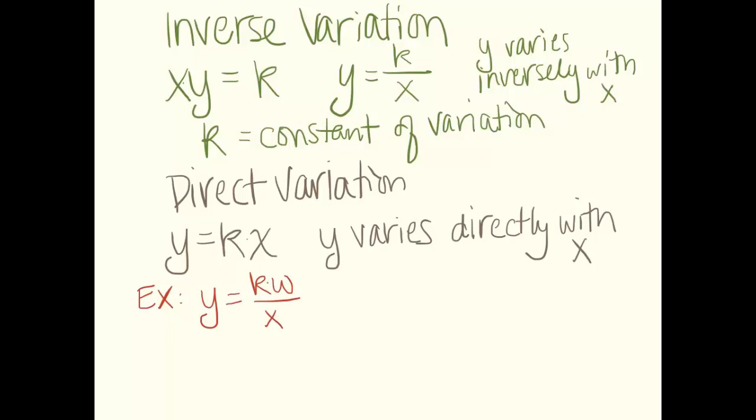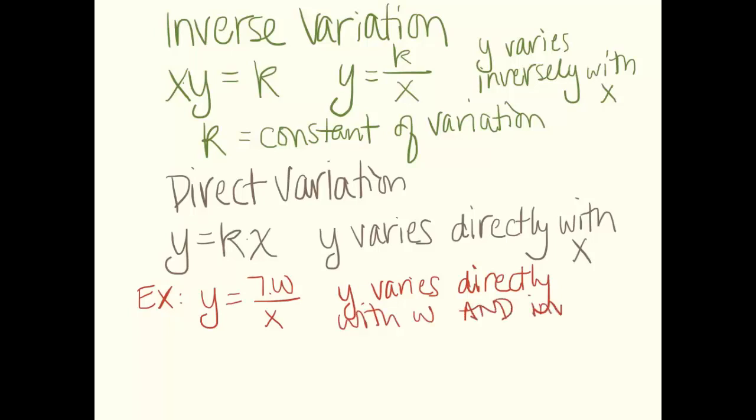We have 3 values, Y, W, and X. K is still our constant of variation. In fact, let's pick a constant of variation. How about 7? Y equals 7W over X. 7 is just our constant of variation, but I can say Y varies directly with W and inversely with X.